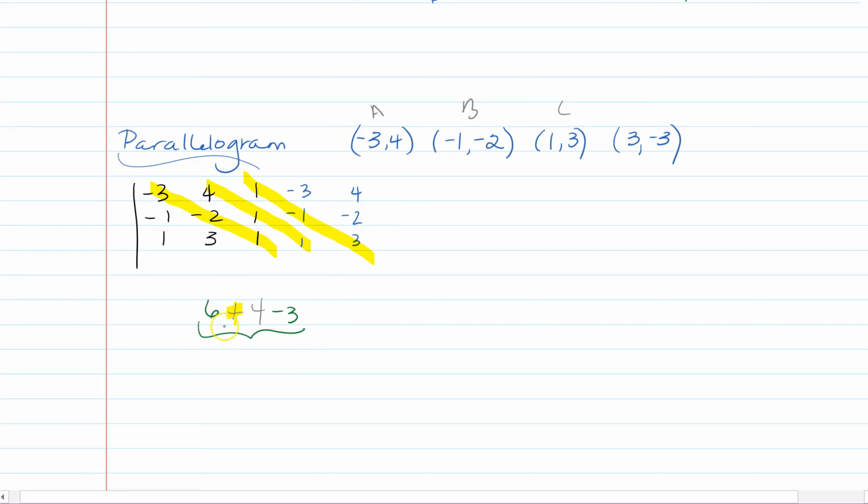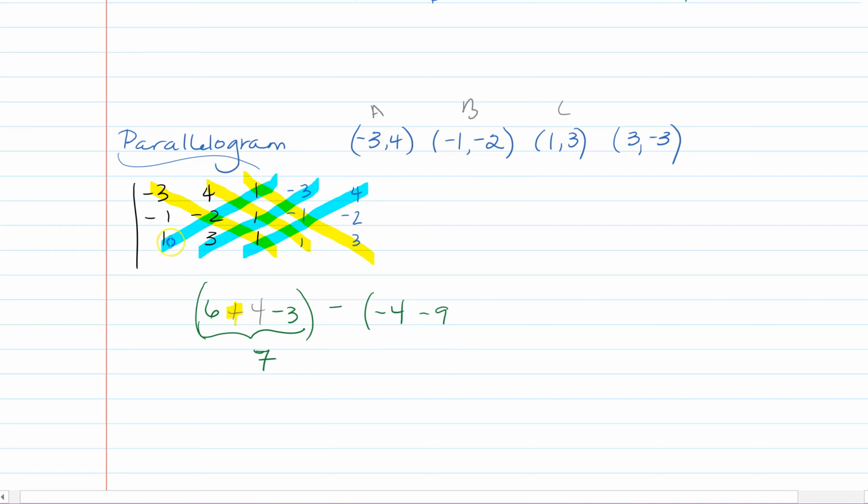So you add these, 6 + 4 is 10, minus 3 is 7. But then you subtract the ones that are going the other way, because they're going the other way, right? Well, that's not why, but still, that's how I remember it. So I have 4 times -1 times 1 is -4. Then I have 3 times 1 times -3 is -9.